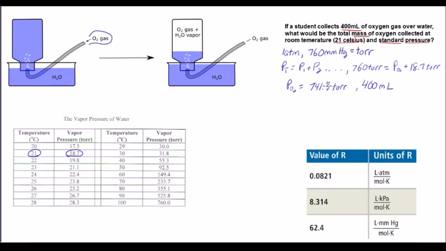We have a pressure, we have volume, we have a temperature, and we want to get mass. Since we want to get mass, if you're converting between mass or moles and any of these other parameters like pressure, temperature, etc., you have to use your PV equals nRT formula. So let's start plugging that in. It'll be fairly straightforward. For my pressure, I use the pressure of my oxygen, which is 741.3.